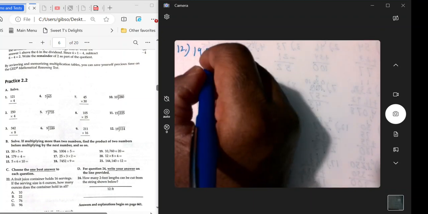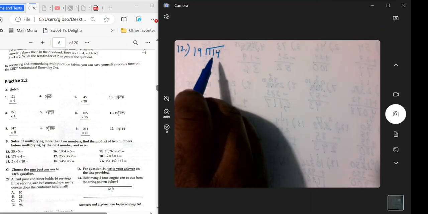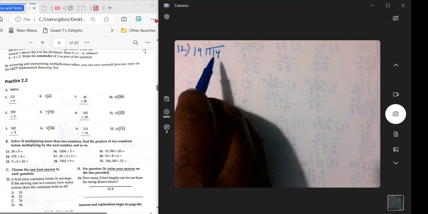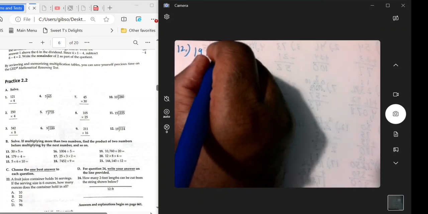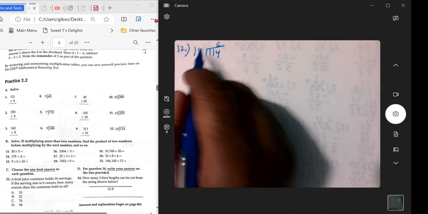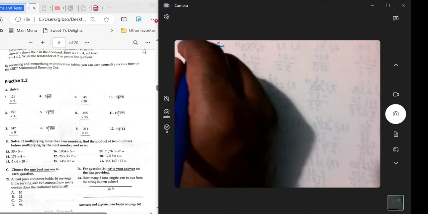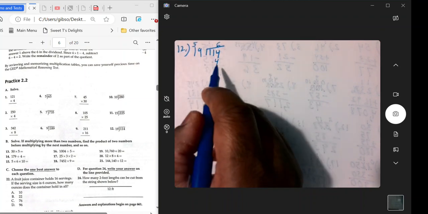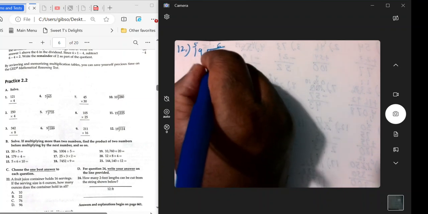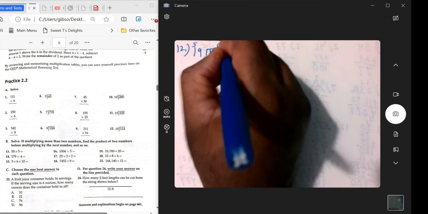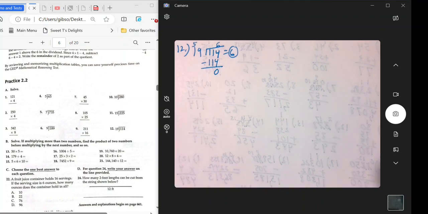We know 19 doesn't go into 1. 19 doesn't go into 11. But now we have to figure out how many times 19 goes into 114. It goes into it 6 times. 6 times 9 is 54. Bring down your 4, carry your 5. 6 times 1 is 6, plus 5 is 11. So there's no remainder, so our final answer here is 6.